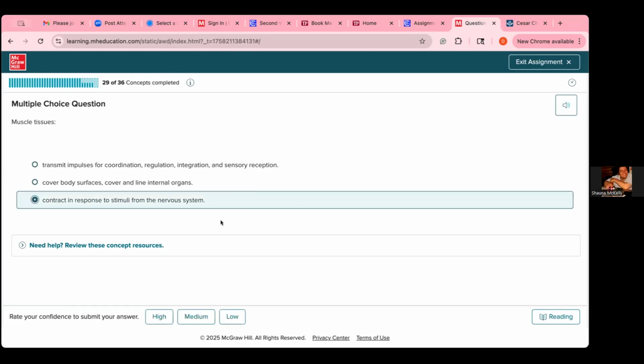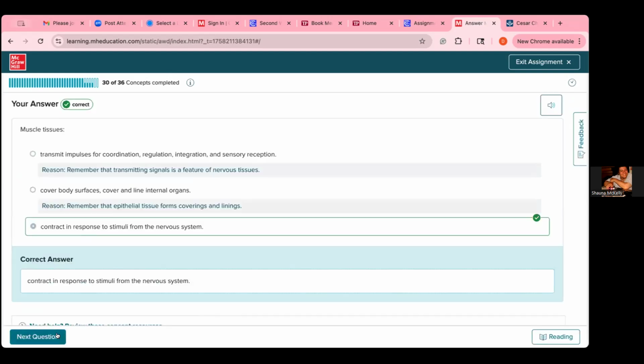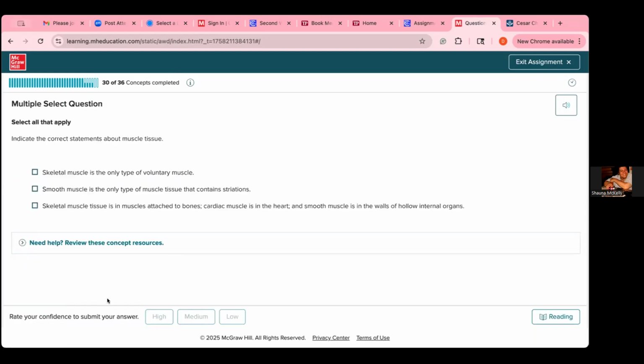Very good. Perfect. Indicate the correct statement about muscle tissue. Skeletal muscle is the only type of voluntary muscle. Skeletal muscle is in muscles attached to bones. Okay. Hold on. I think there are two of them that are true there. Let me check. Skeletal muscle.